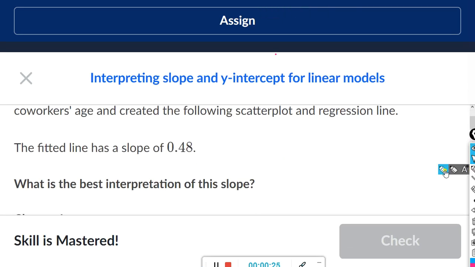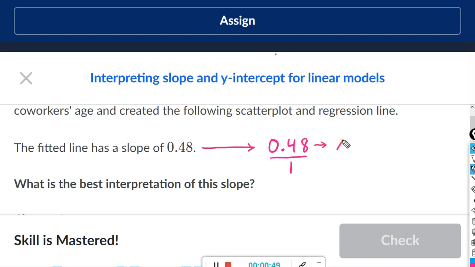So if the slope is 0.48, you want to make that a fraction. You can put any number over 1, so you can make it 0.48 over 1. We know the formula for slope is the change in y divided by the change in x.